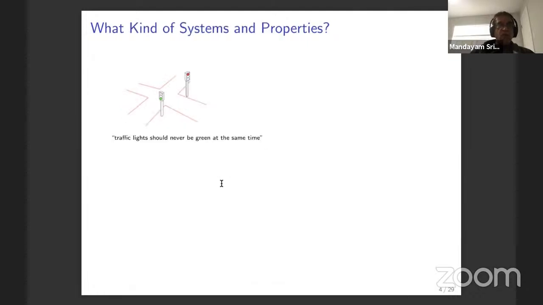So what kinds of systems and properties are we talking about? It could be a controller in a traffic control system, where traffic lights should never be green at the same time.